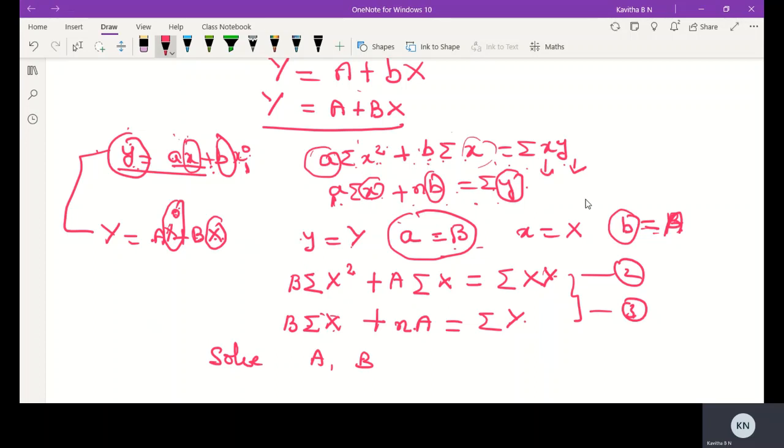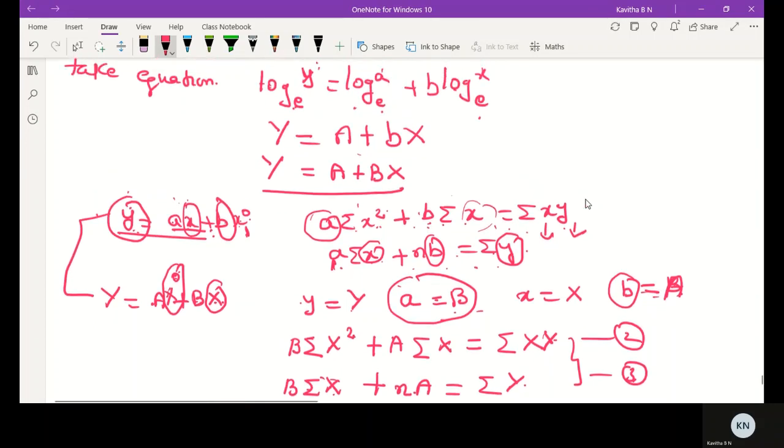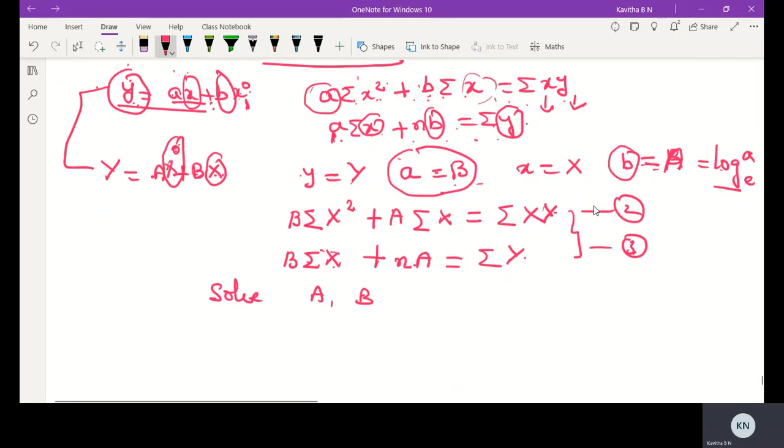Then what is the a here? Capital A is log a base c. Capital A is log a base c, which means log a base c is equal to a.